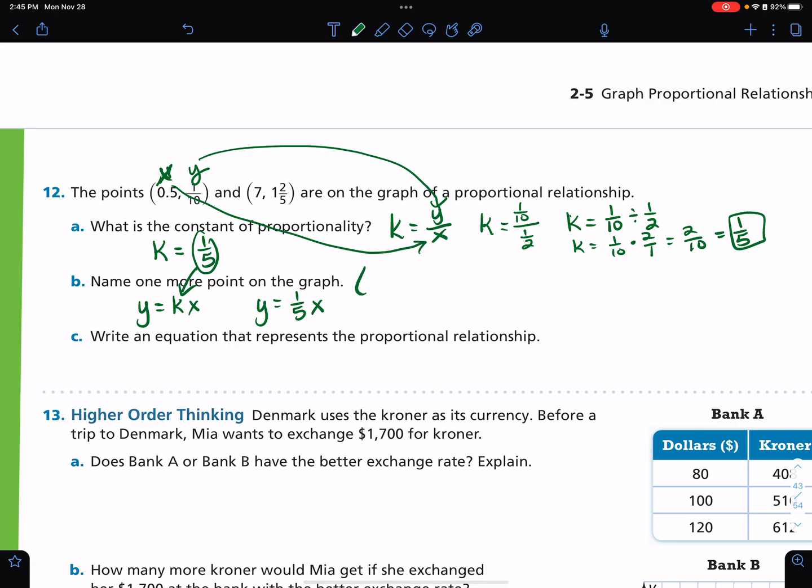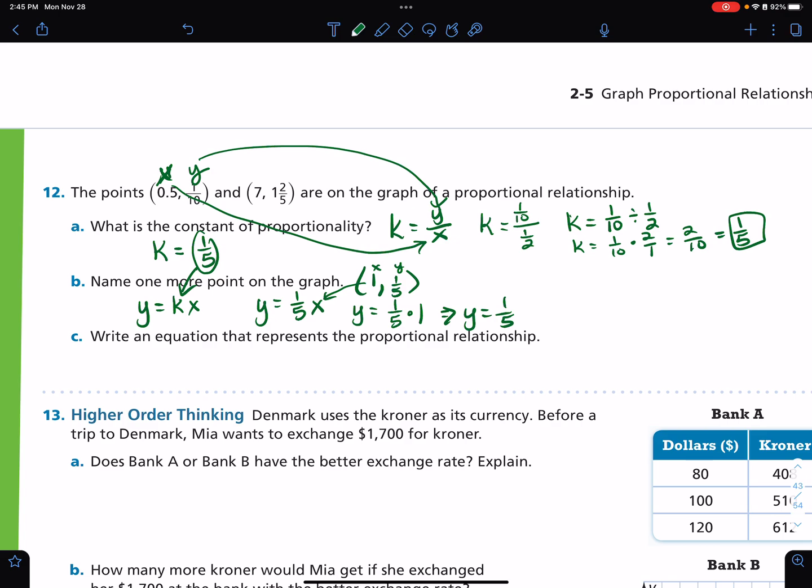If I make x 1, my y is unknown. So I'm substituting 1 in right here. y equals 1/5 times 1. So guess what? y equals 1/5. So the point that I chose is right there.